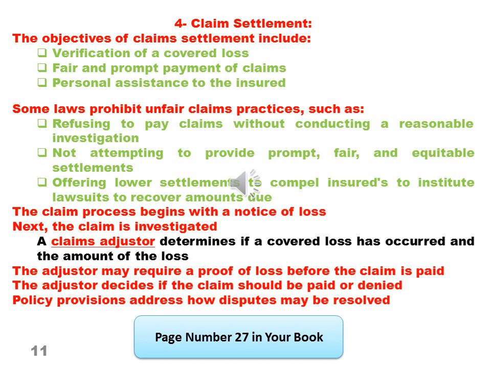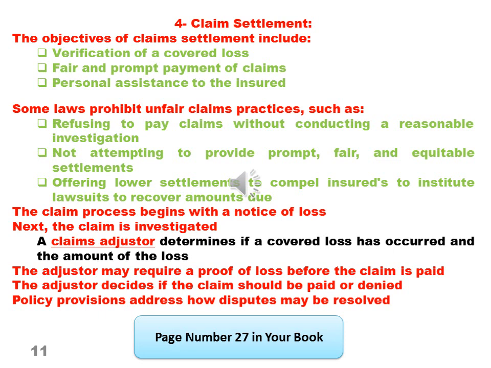The fourth part in any insurance company process is called claim settlement. This is a very important part in the insurance contract. You can find claim settlement on page number 27 in your book. What is the meaning of claim settlement?